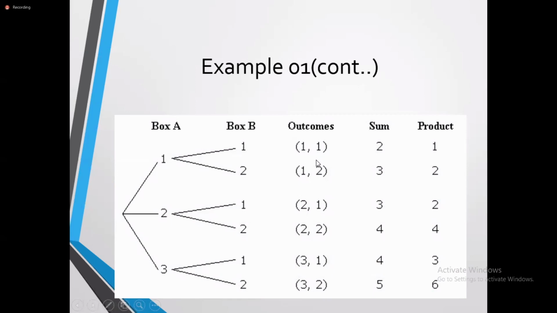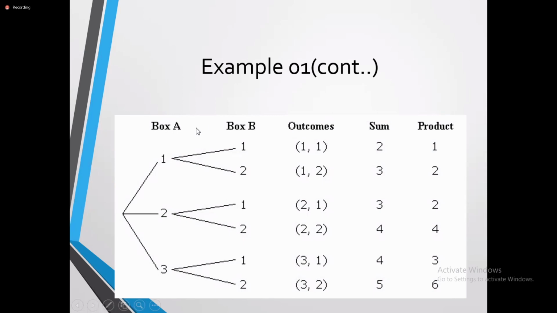Now we are taking 2 cards from 2 boxes, 1 card from each box. So the outcomes are 1,1. We may get either the 1,1 pair or 1,2, 2,1, 2,2, 3,1, 3,2. Likewise, we have 6 pairs.